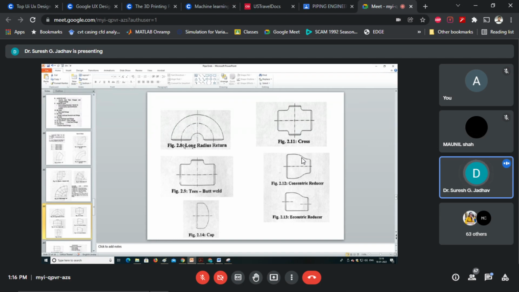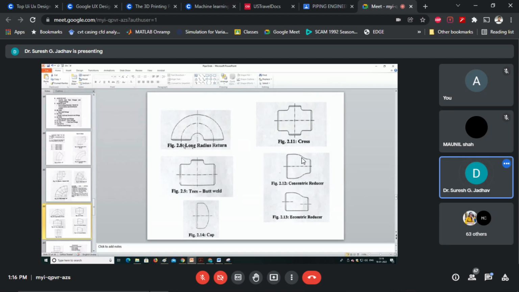So in marine piping, crosses can be used if there are space limitations. It is preferred to use these where space is restricted, in marine piping. So in cross fittings we can use.